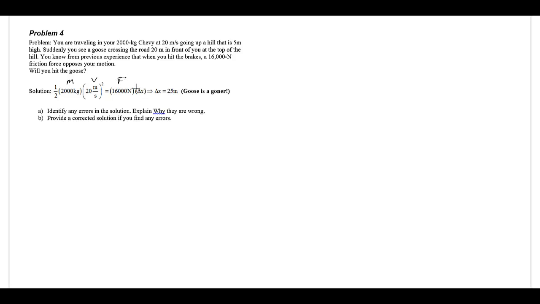So what the person has done is essentially set up the bar chart of initial kinetic energy and negative work, and set that equal to 0.